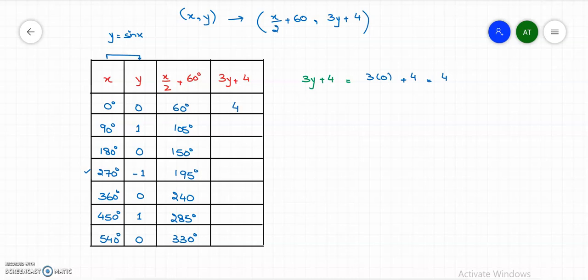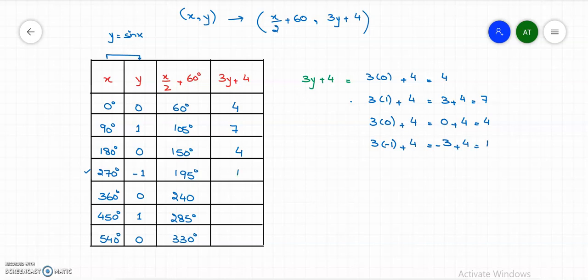The next y value is 1, so we do 3 times 1 plus 4. 3 times 1 is 3, and 3 plus 4 equals 7. Again, the y value is 0, so 3 times 0 plus 4 equals 4. Now the y value is -1, so 3 times -1 plus 4 would be -3 plus 4, which equals 1.